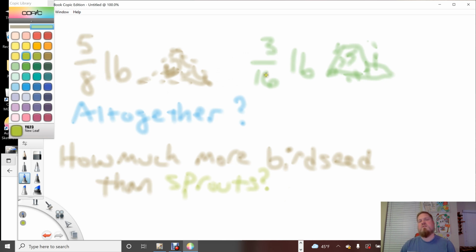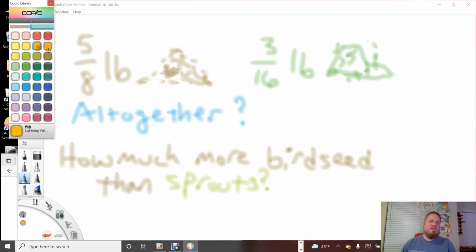If, let's see, 16 we could divide by 2 and get to 8, but 3 we can't divide by 2 and get a whole number. And that's why they're always going to give you these odd numbers, because you can't change an odd number. If it was 4/16, then we could divide both by 2, and we could get 2/8, and that'd be easy to add. But it's not. It's 3/16. So we have to turn the 5/8 into how many sixteenths it is.